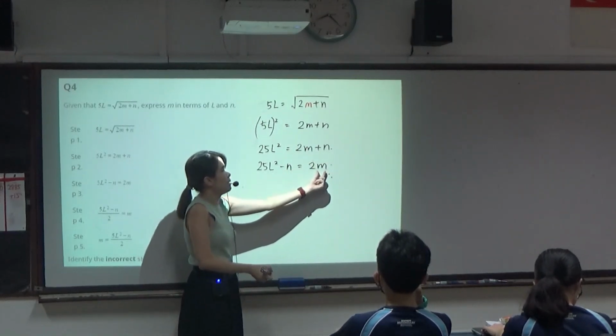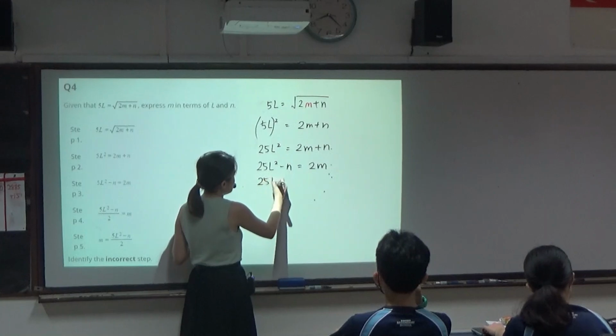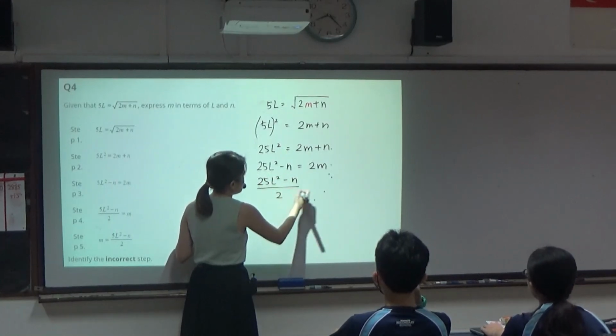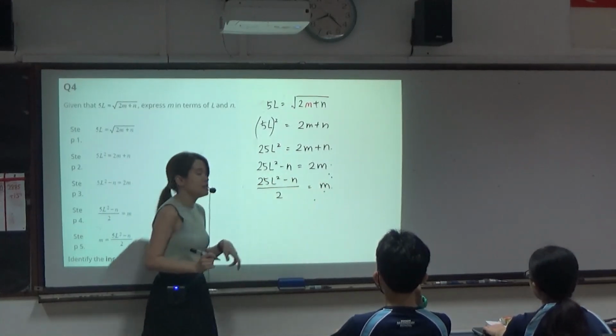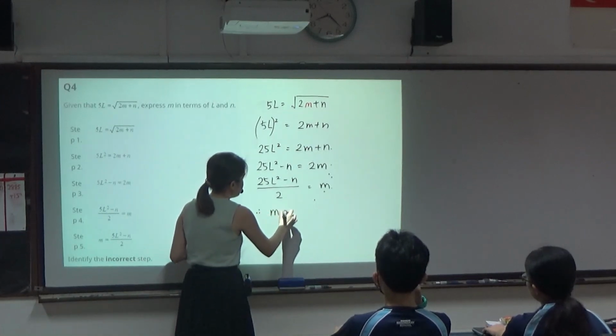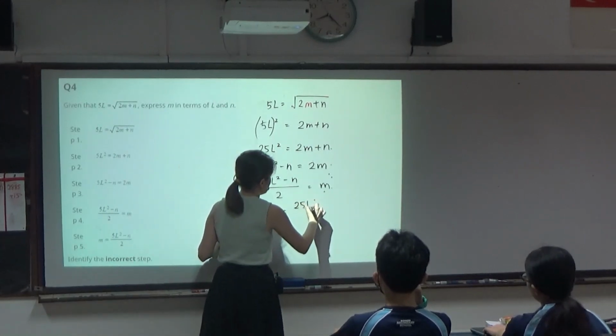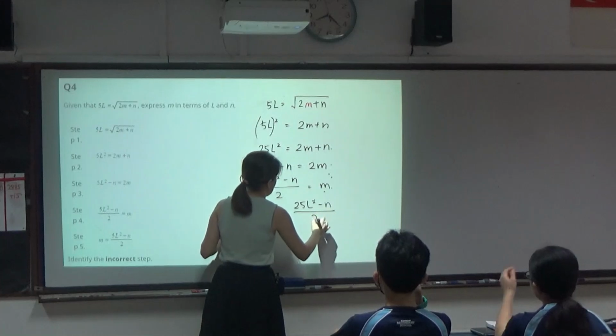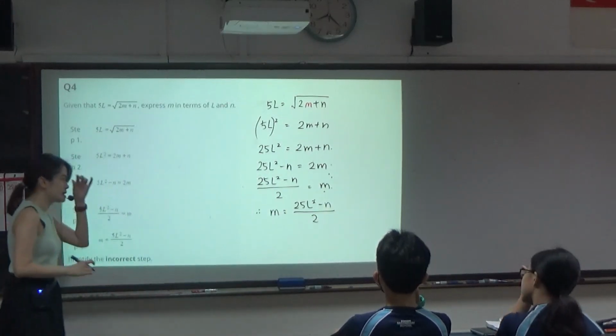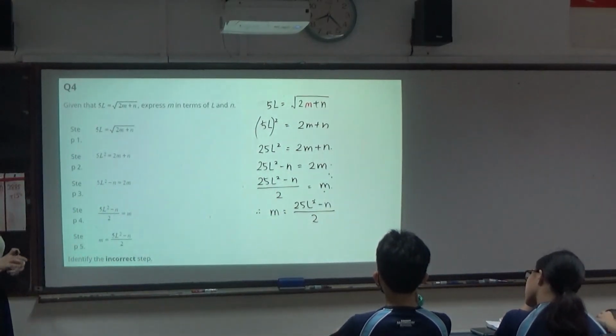Then we divide by 2 over to the left. So in other words, with m being the subject, I can say 25L squared minus n, divided by 2, equals m.